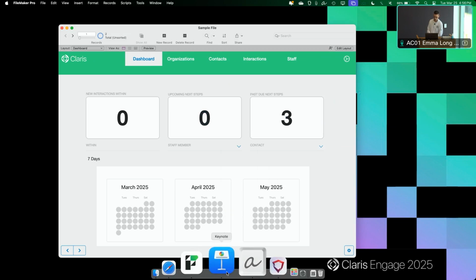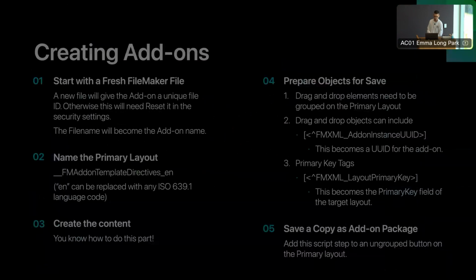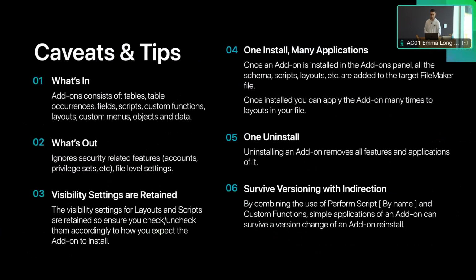So with that, we'll jump back into our slides here and jump along to some caveats and tips. As with anything, there are a couple important notes to make known, as well as some things to avoid and some gotchas. The first two are just what's in and what's out. What's in is really a lot of stuff.